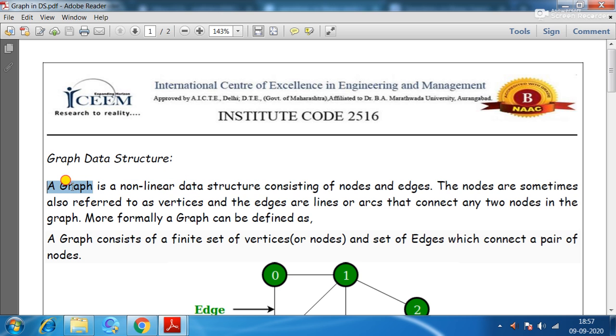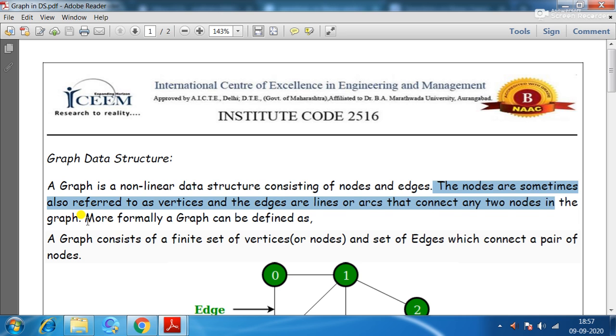Now coming to the definition of graph data structure: a graph is a non-linear data structure consisting of nodes and edges. The nodes are sometimes also referred to as vertices, and edges are lines or arcs that connect two nodes in the graph.